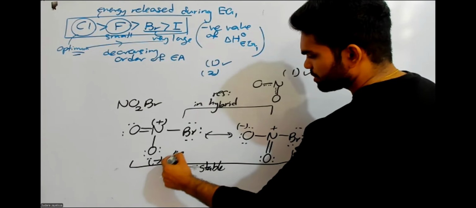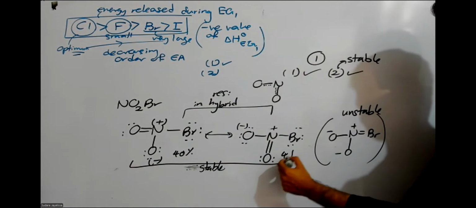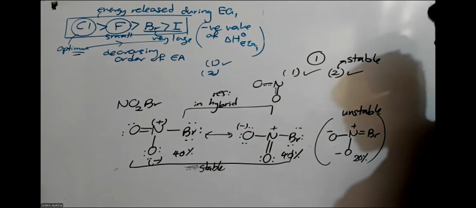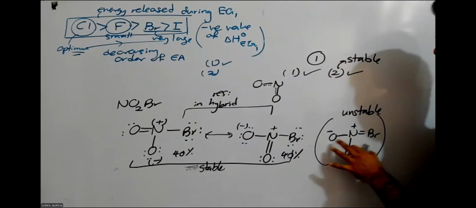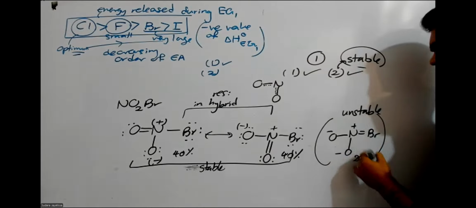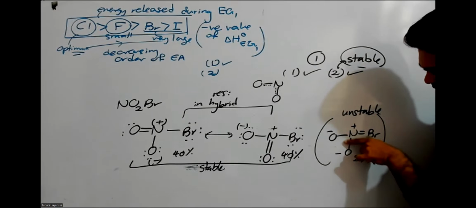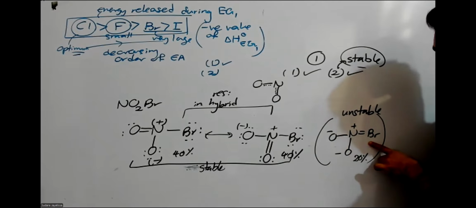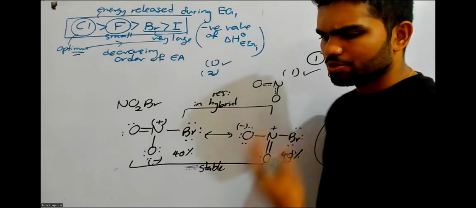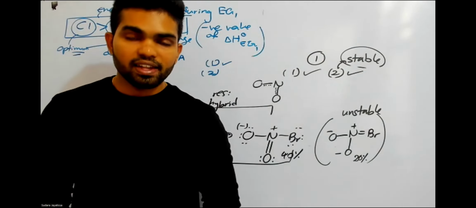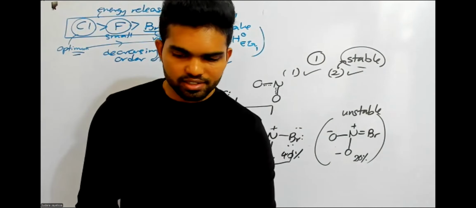Let's say this contributes 40% to the hybrid, this also contributes 40%, and the other 20% will be contributed by this one. So it is still there, but you have to say stable. Even though it is there, it contributes to both NO bonds in the same amount, so you can see both bonds are equal. So actually it's no problem. The best answer is telling that there are 2 stable resonance structures.